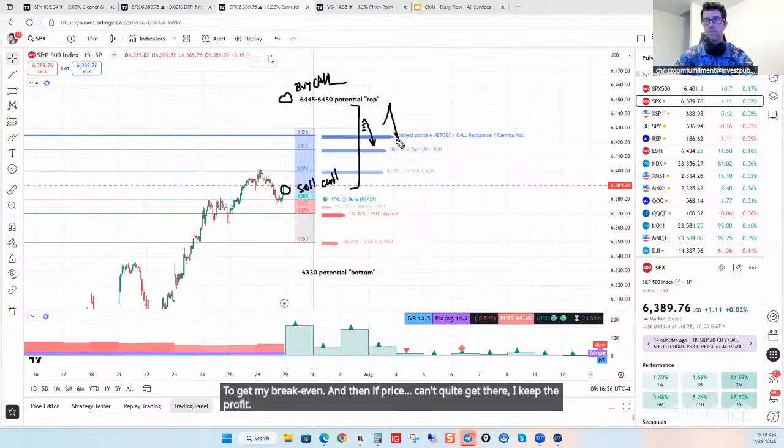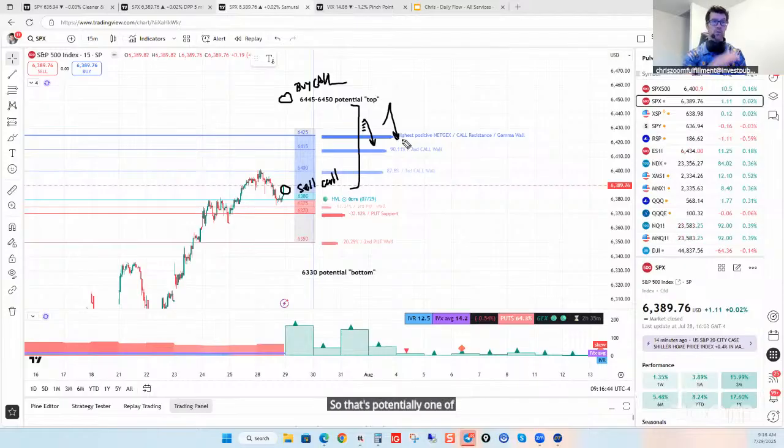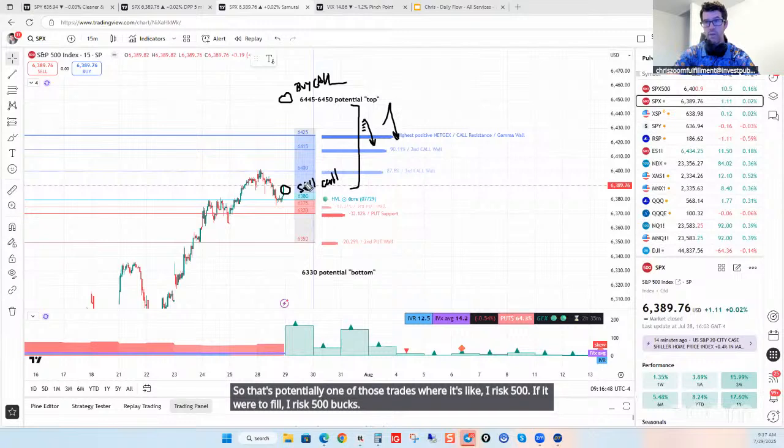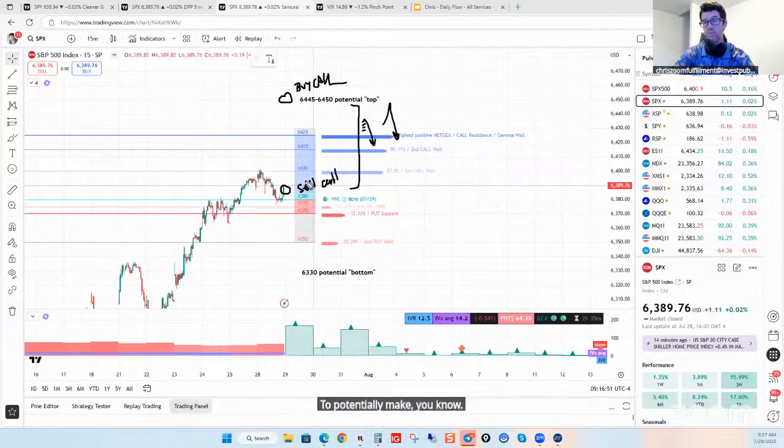If price gets there and rejects off of it, as long as it's below my break even, every dollar below my break even is $1 credit. So that's potentially one of those trades where I risk $500. If it were to fill, I risk $500 to potentially make thousands of dollars. So, like I said, I get that that's a low probability fill, but I think a great trade with a pretty high reward to risk potential.